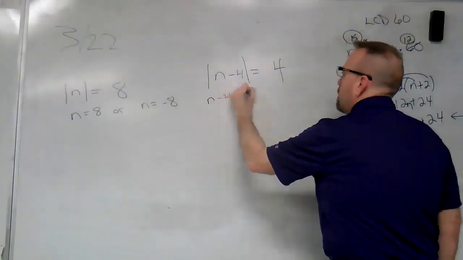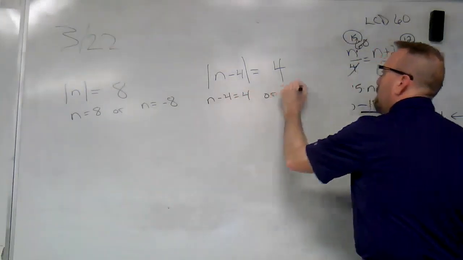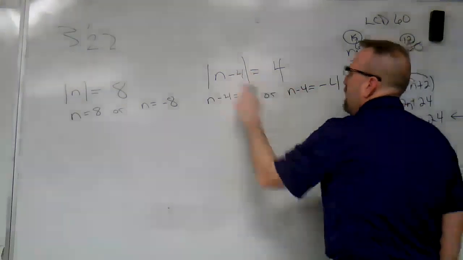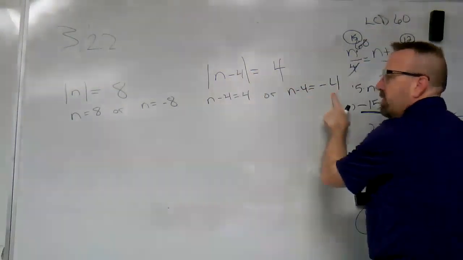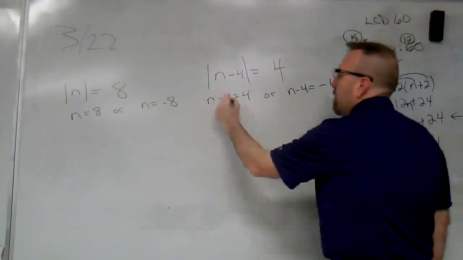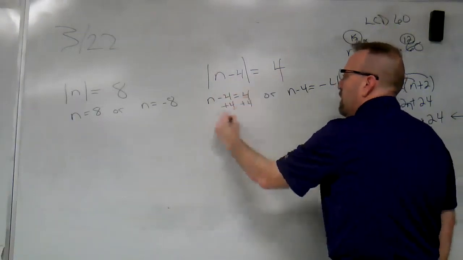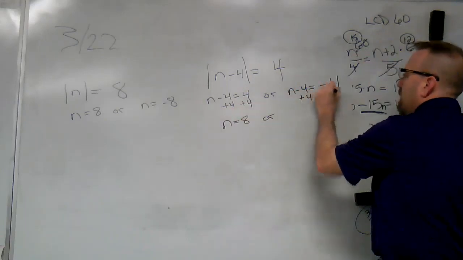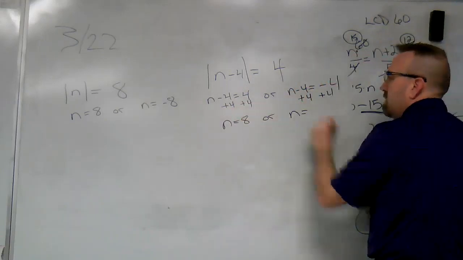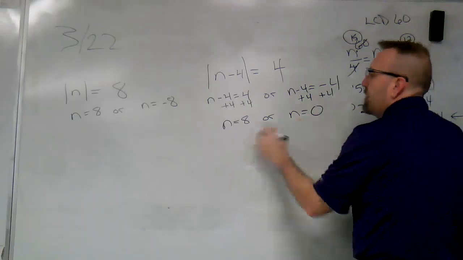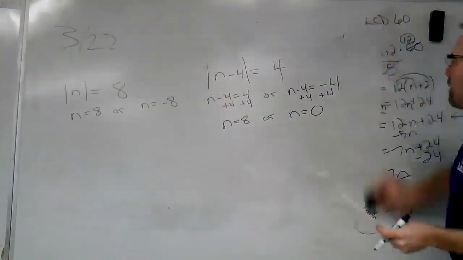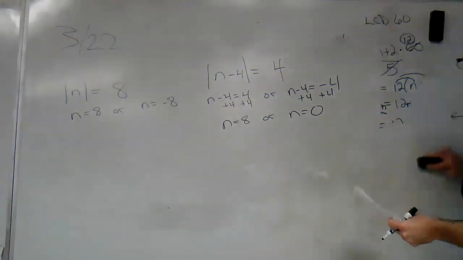So n minus 4 is 4, or n minus 4 equals negative 4. So you're going to have one that's positive, one that's negative. So here we would add 4, n would equal 8. Or we would add 4, n would equal 0. So on these we should get two answers because there's always two numbers that are that many units from 0. One of them is going to be positive, one of them is going to be negative.